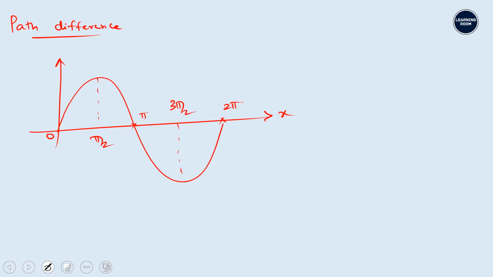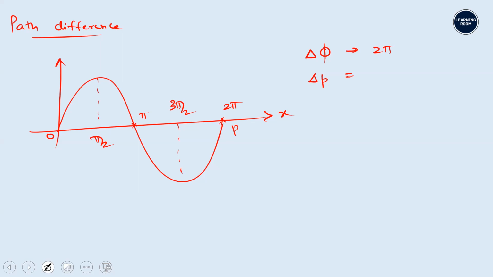That means the wave has completed 2 pi radians. Let me call this point P, and the phase difference between point O and point P is 2 pi. If the phase difference is 2 pi, then what would be the corresponding path difference?